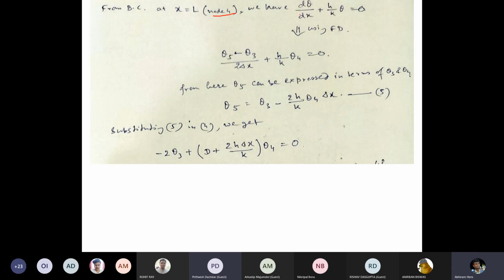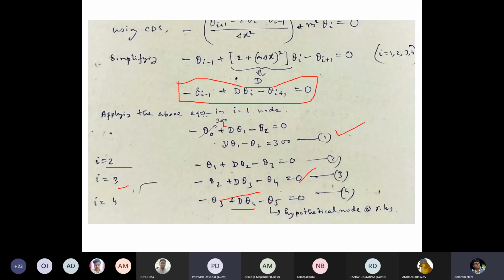Now if you use finite difference, then you can get theta 5 minus theta 3 by 2 delta x, by the central difference scheme, plus h by k into theta 4 equal to 0, and from here theta 5 can be expressed in terms of theta 3 and theta 4. Now you replace this theta 5 in equation 4, because theta 5 is not known, it is outside the domain.